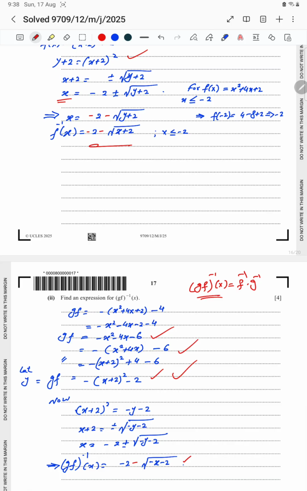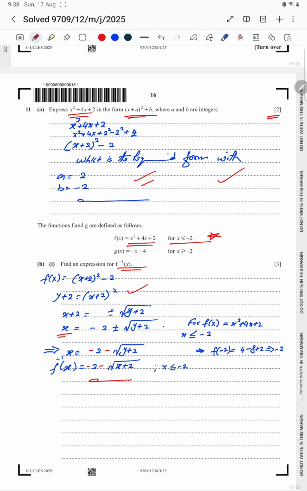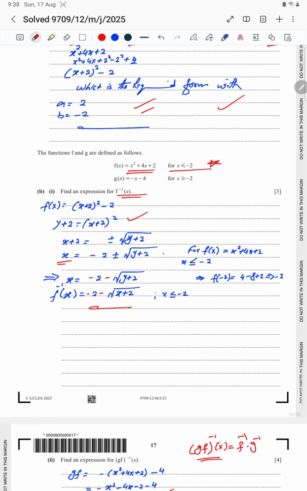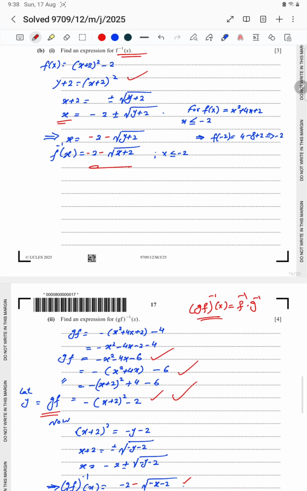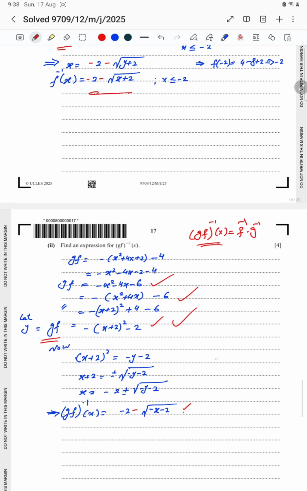So now I select this g f as y and make x the subject again. Again the domain condition for the given f function that is going to be inserted in g is that x is less than or equal to minus 2. So I will select the negative sign again here to get my answer.